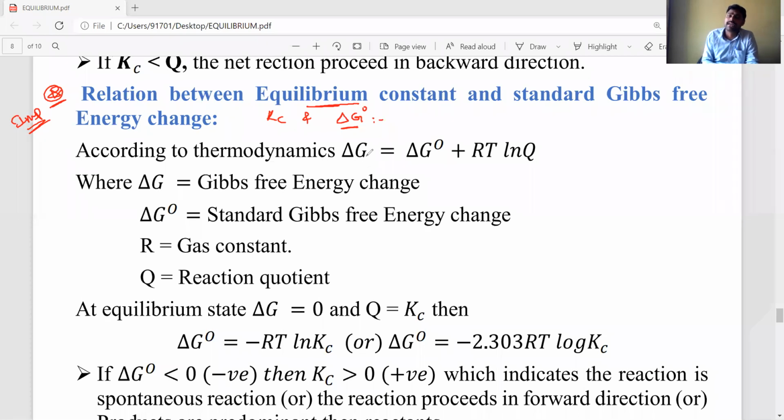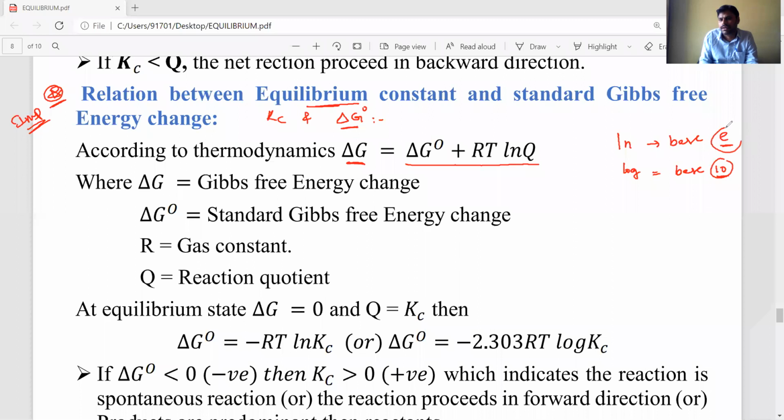According to thermodynamics, the Gibbs free energy change, delta G, is equal to delta G naught plus RT ln Q. Here ln means logarithm to base e, and log means base 10.